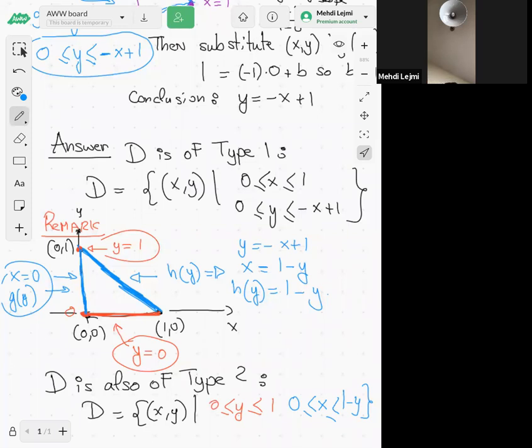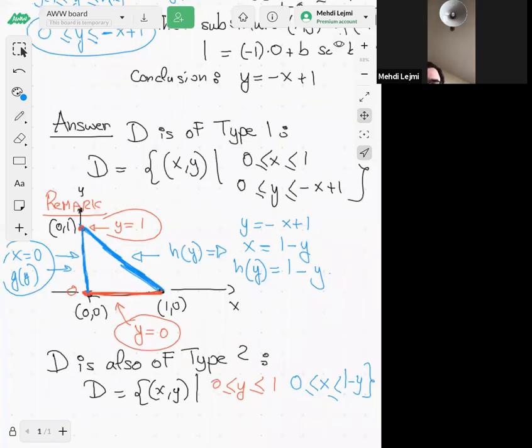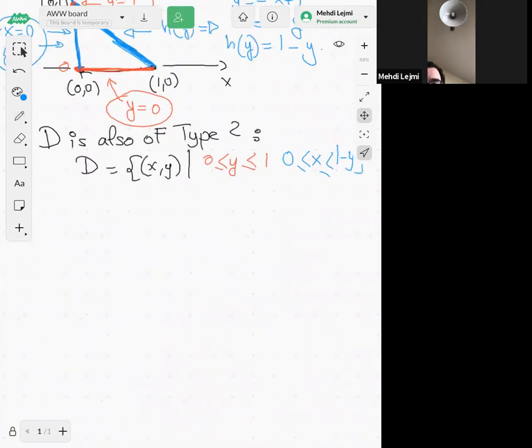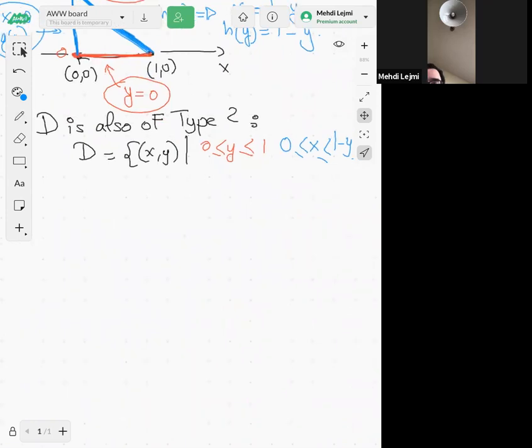Is there any other question about the first question in the exercise? So it's a triangle. Now, for number 2, next region, I think we had a disk.